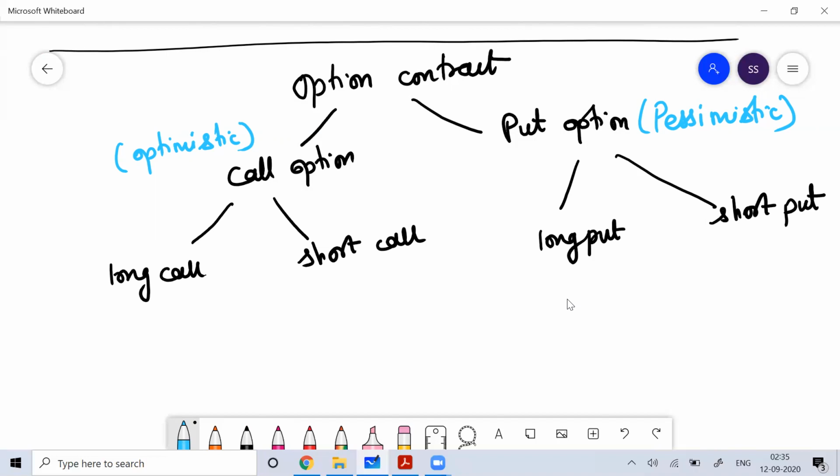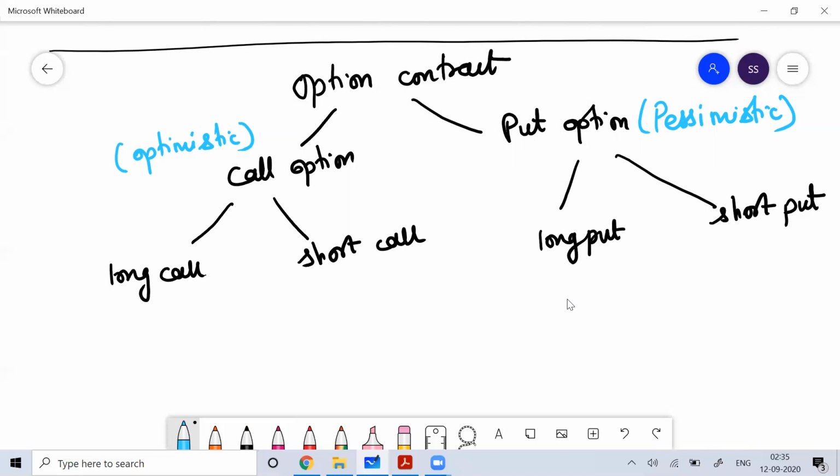Whenever you trade on the market, either you are optimistic on an underlying asset or pessimistic on an underlying asset, depending upon a lot of macroeconomic factors that ultimately affect the value of a particular underlying asset.